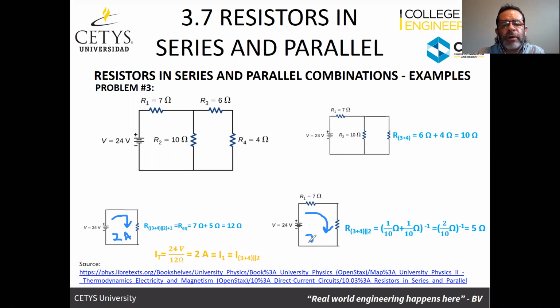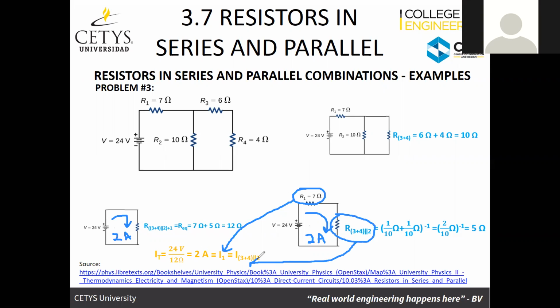And we've also got 2 amps here. So that means that the current for R1 is also going to be 2 amps. And the current for this combination here, Carmina, which is the one we had calculated, is also going to be 2 amps. So are we okay up to that point?